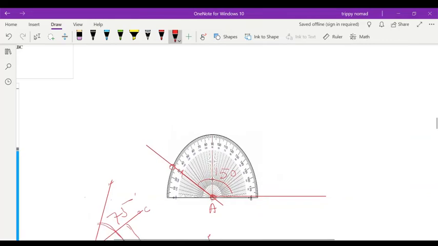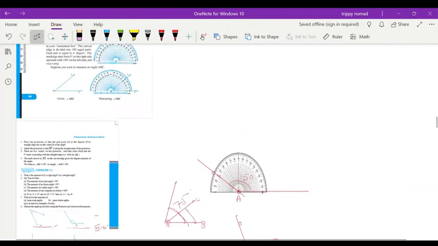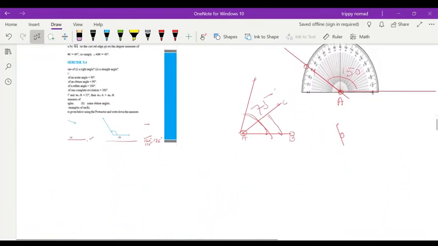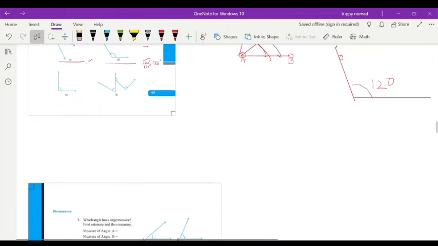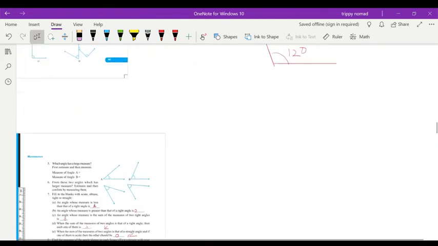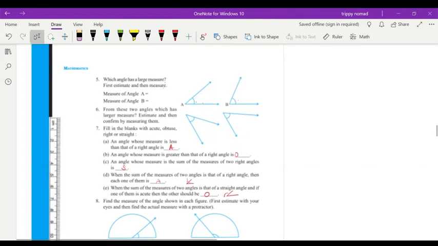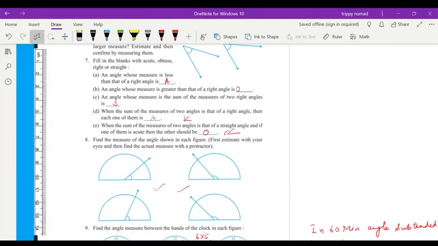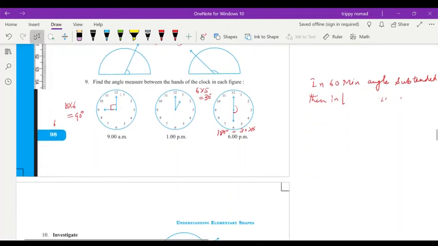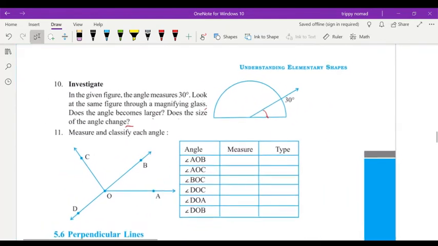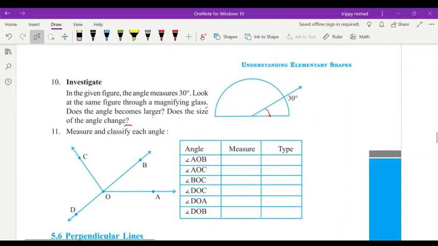Understood, children? If I increase or decrease, the size of the angle will remain the same. But if you change the measure of the angle, then the distance between the two rays should be changed, then only the angle will change. So with the help of a magnifying glass, the measure of the angle will not change.